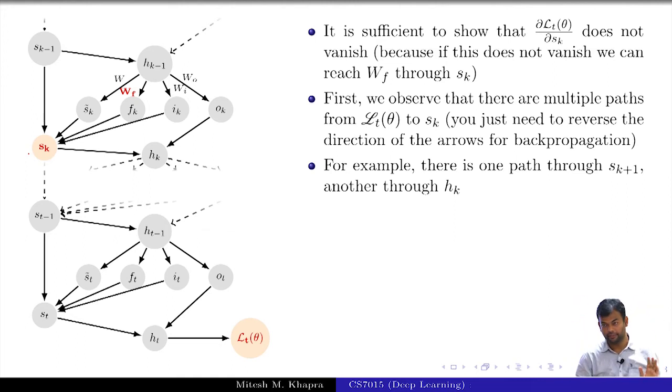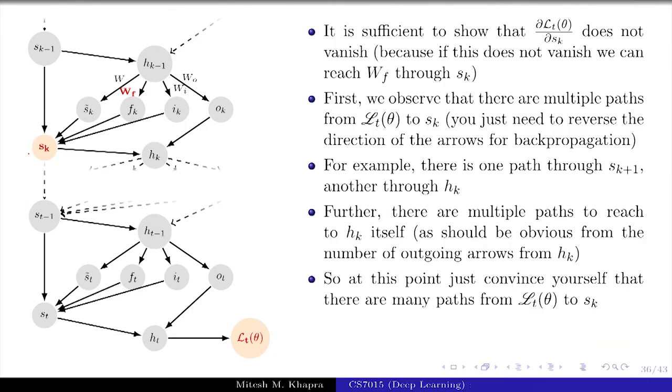Let's not count the exact number of paths, but just convince ourselves that there are many paths to reach s_k from L_t(theta). There is one path through s_{k+1}, one path through h_k, and h_k itself seems to have many incoming paths during backpropagation. Is everyone convinced about that? Anyone who has a problem with that?